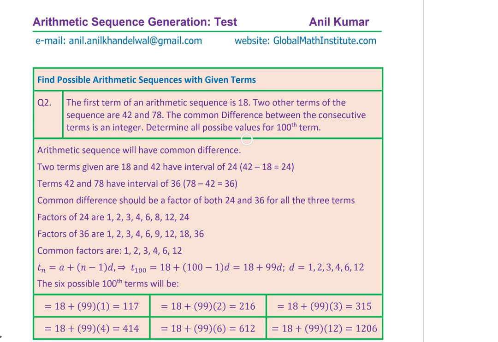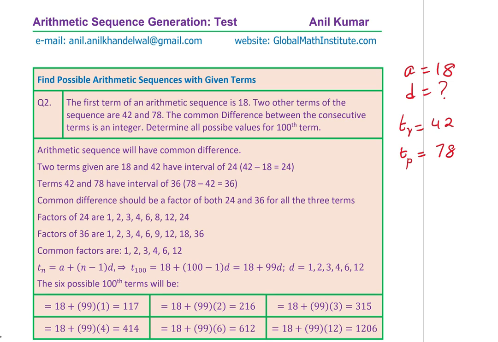However, there is one difference. We are given that A is equal to 18. We need to find the possible values of D, so that we do have a term, let's say TR as 42 and let's say TP as 78. So now that becomes your question.